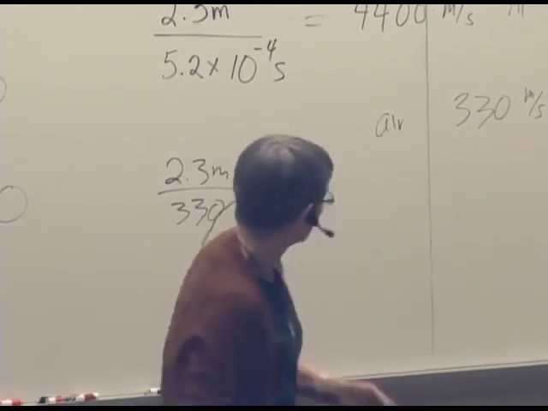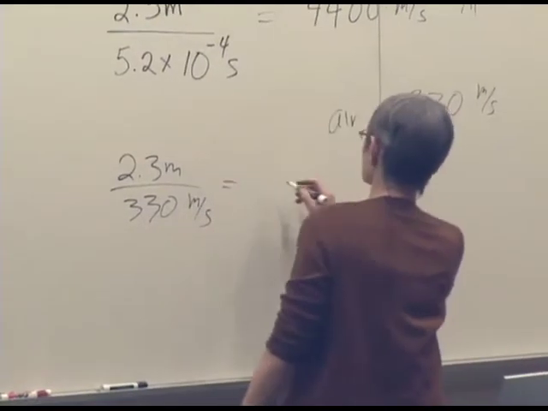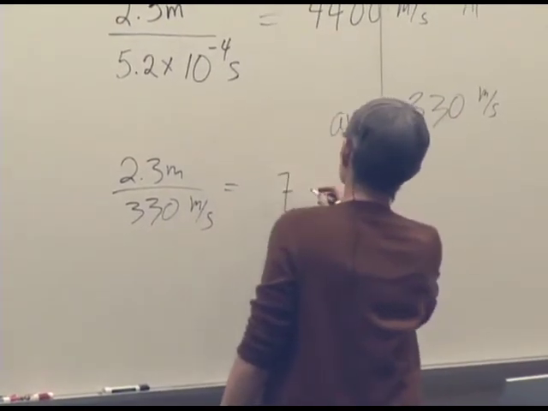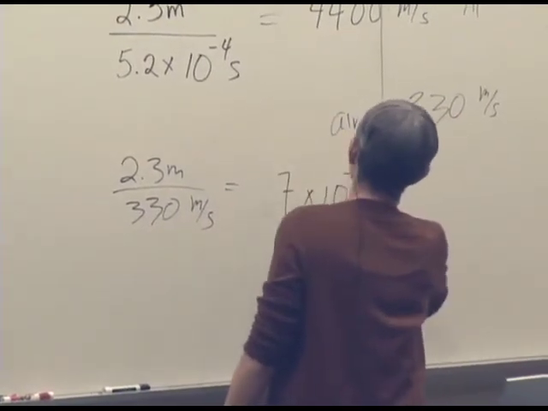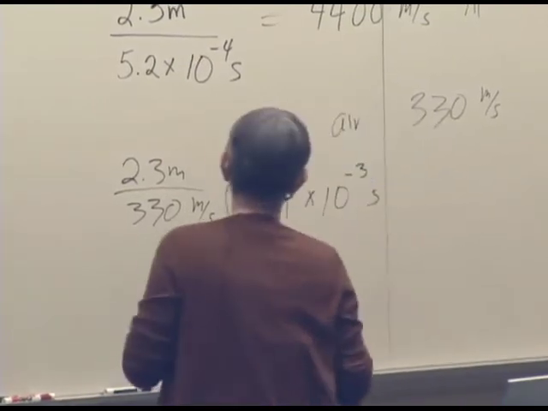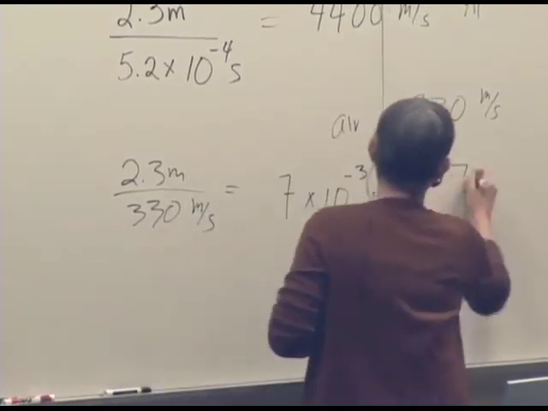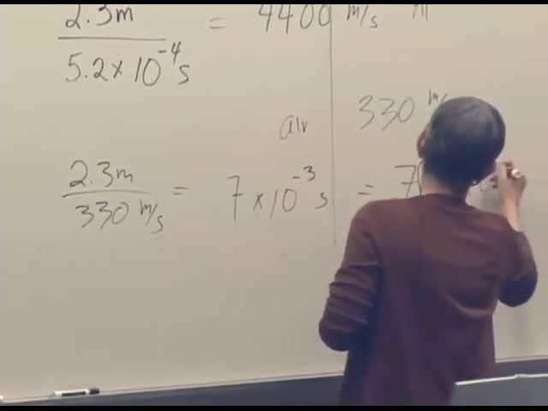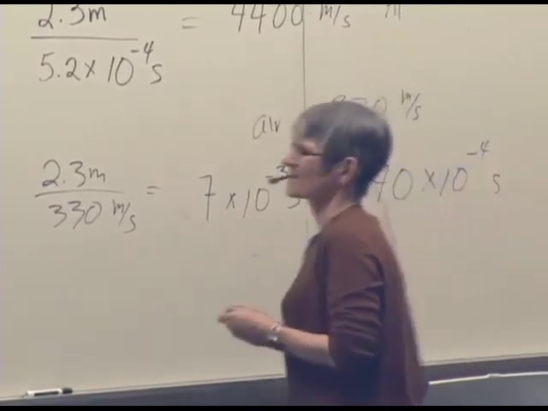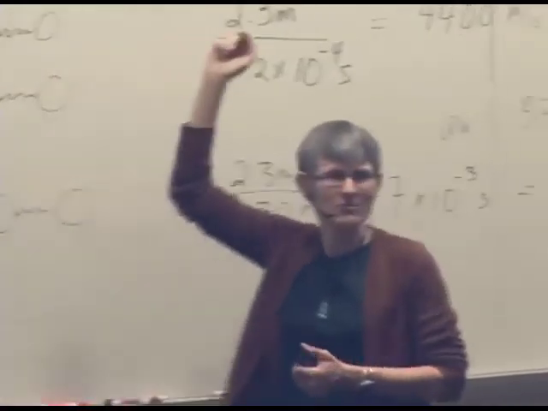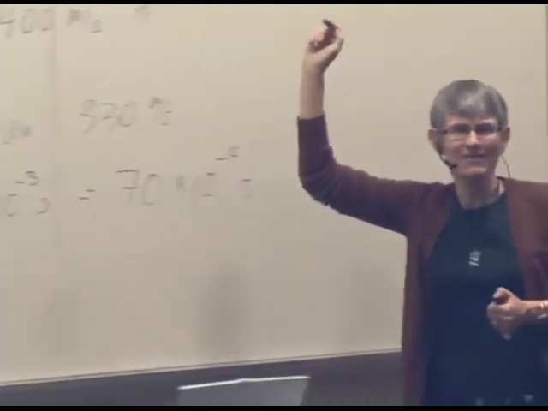So about 7 times 10 to the negative 3rd seconds, which is 70 times 10 to the negative 4th seconds, and so it's off our graph. We're not plotting enough time on the graph for us to see it. So yes, in principle we should.